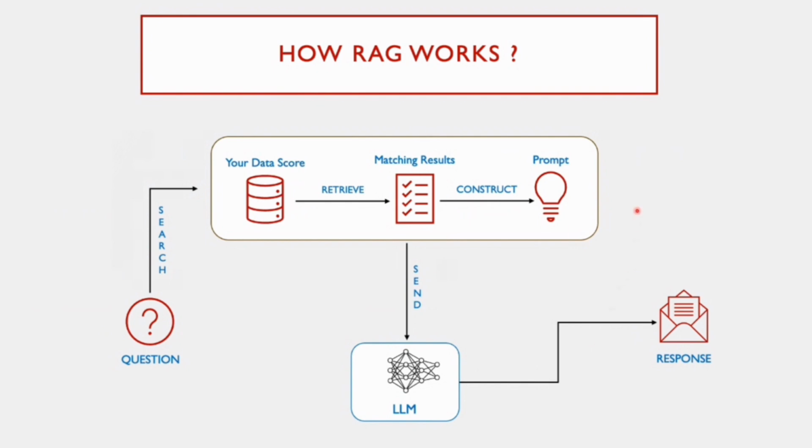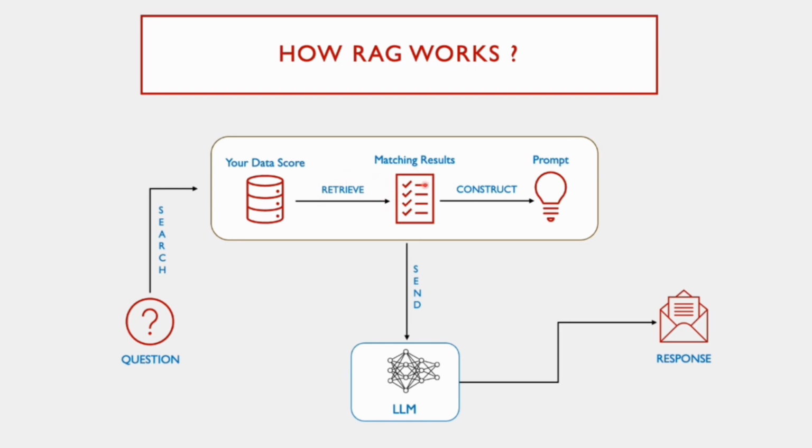So this is how RAG works. You can send a query in a natural language format, which could be considered as a search query. It goes into your data store, the information is retrieved, the matching results will be provided. When the retrieval is happening, this is where the RAG magic is happening, by the way.